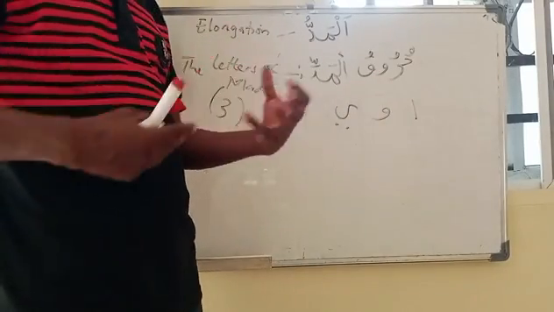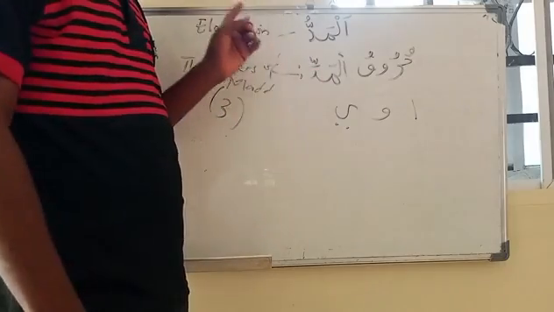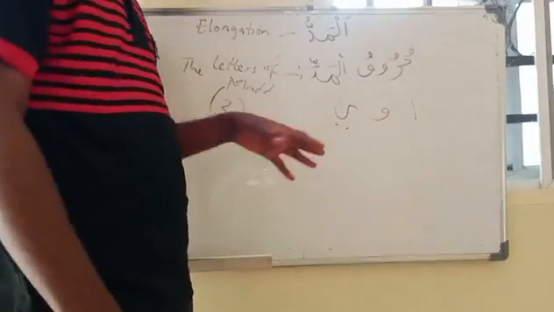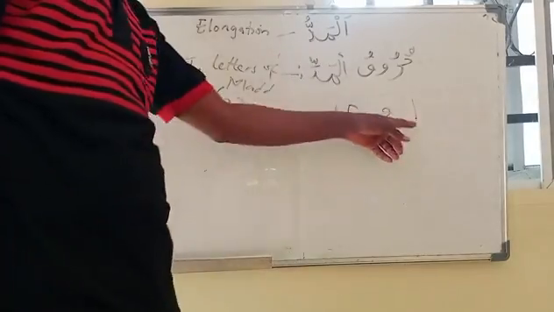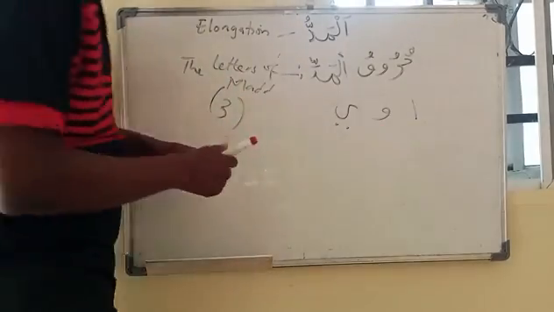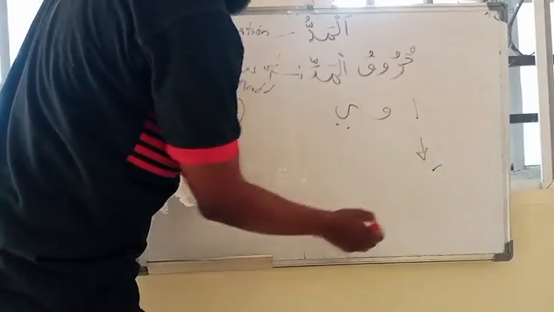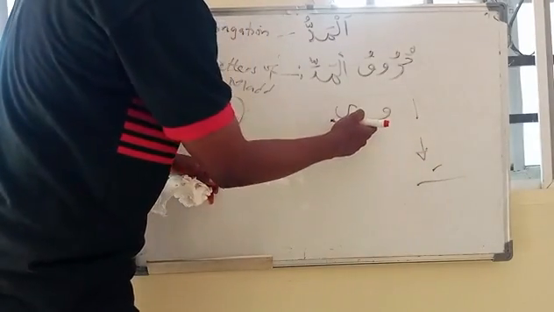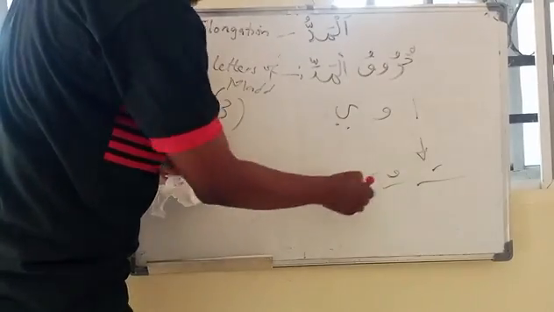Whenever we want to elongate the A sound or the O sound on a letter, we introduce one of these. Alif goes with fatha, waw goes with dhamma, and ya goes with kasra.